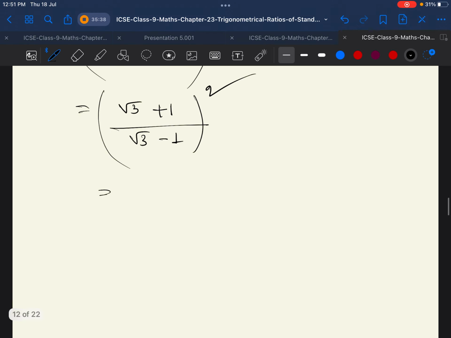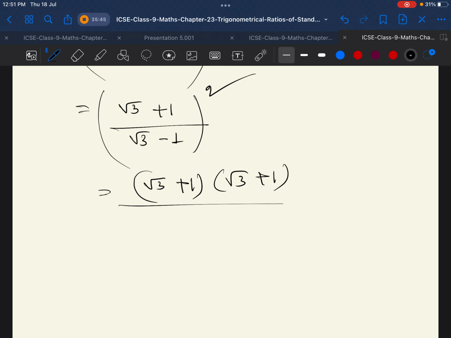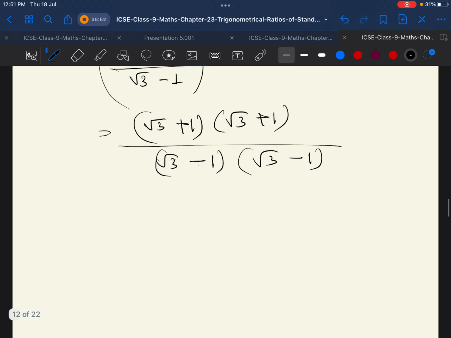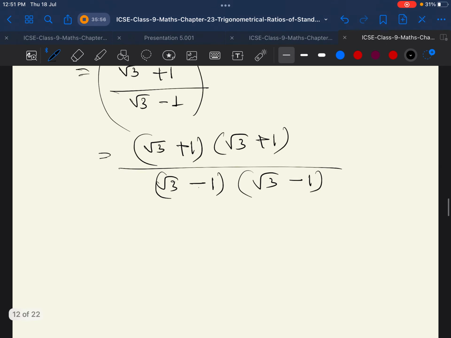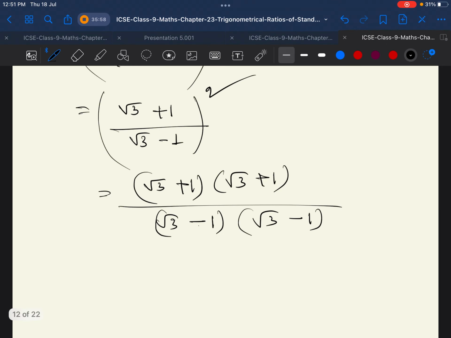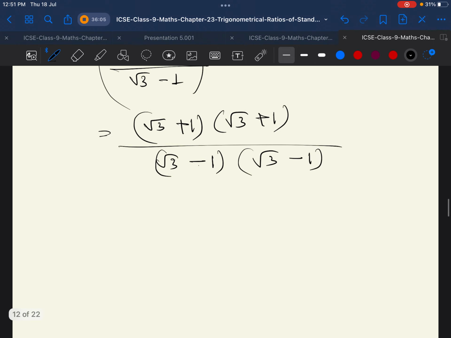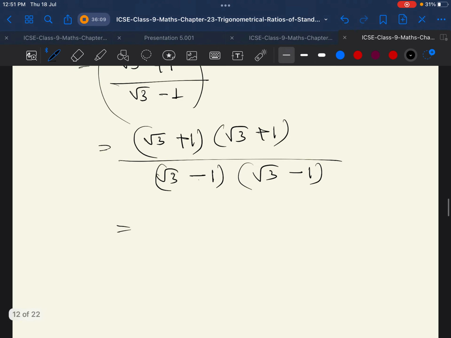So root 3 plus 1 whole square we can write as root 3 plus 1 into root 3 plus 1, and root 3 minus 1 square will be root 3 minus 1 into root 3 minus 1.